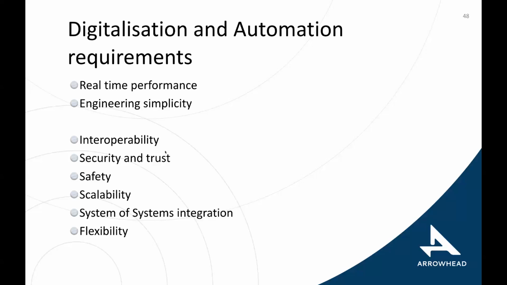But we still need to remember that doing things with IoT and ICT technology will not take away the requirements that we have on the OT side today. Not written here, but of course, robustness, 24/7, 365.